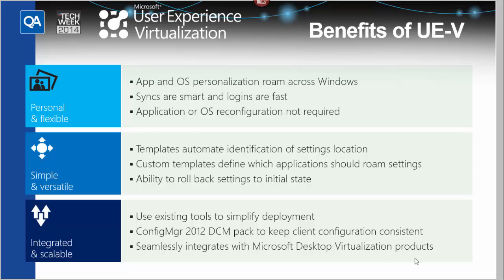I say unfortunately because one of the advantages of using UEV could be to aid in migration between App-V 4.6 and App-V 5.0, where although we can migrate packages using the appropriate tools, it's more difficult to migrate user settings from the 4.6 environment to 5.0, where the applications have already been deployed and used.